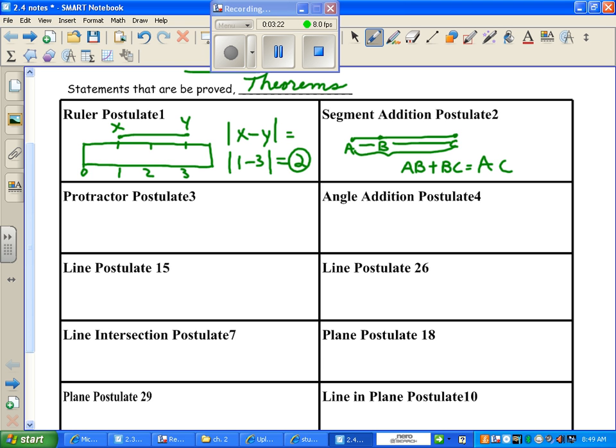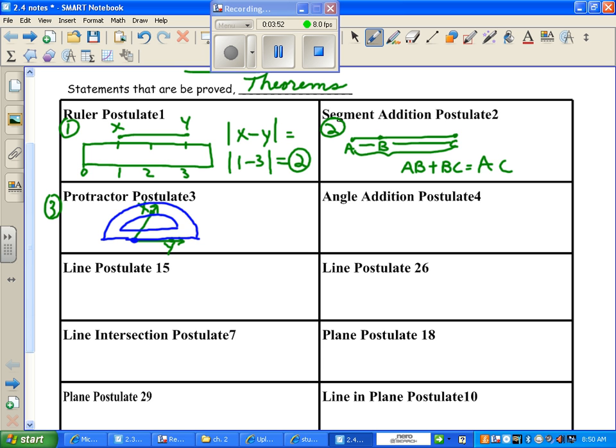Okay, so this is considered postulate number 1, number 2. Now we're at number 3. Postulate number 3 is the protractor postulate, and if you have an angle, and let's say that this ray is associated with this value of X and this one the value of Y, and you have a protractor lined up. Here's the whole of the protractor, and here's your arc.